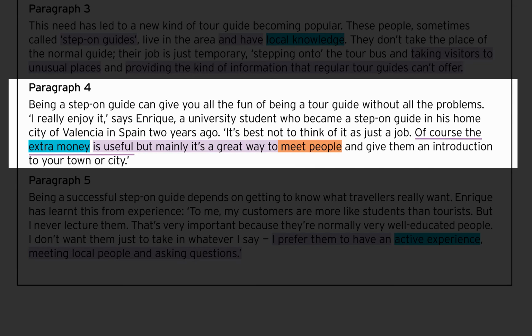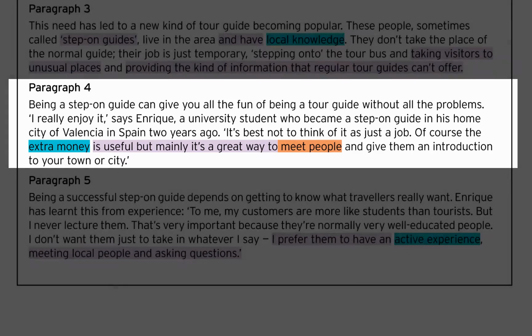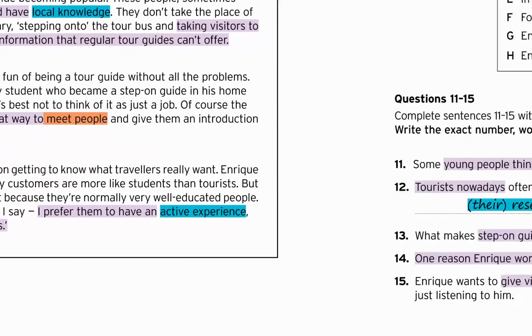And he says, of course, the money, the phrase comes first, the money is useful. The extra money is useful. So you need to think a little bit here. You think to yourself, well, what can you make? Okay, you can make money. He's talking about the pay of the job. And that phrase fits.